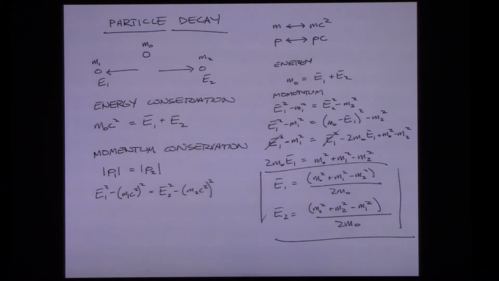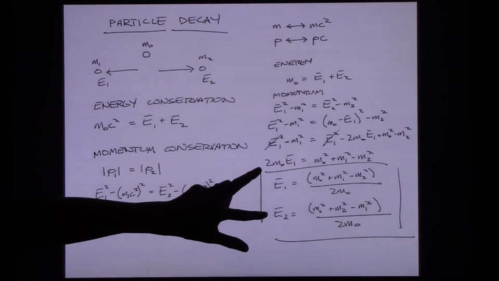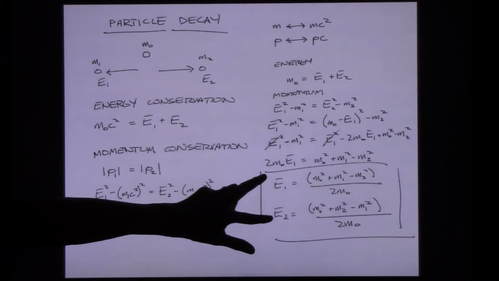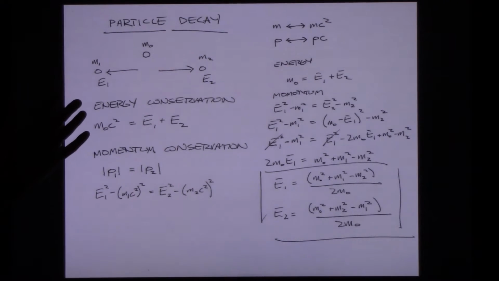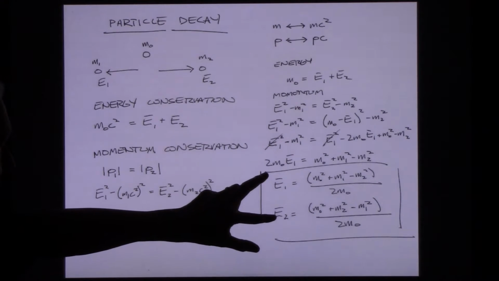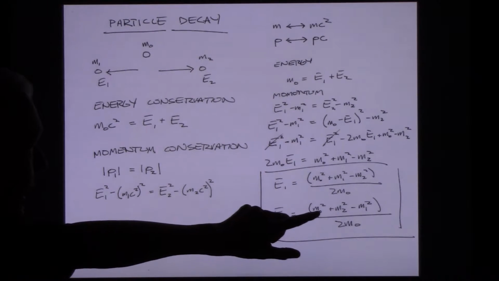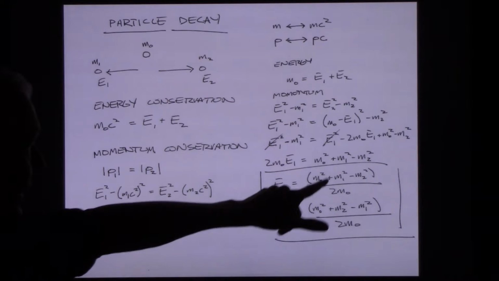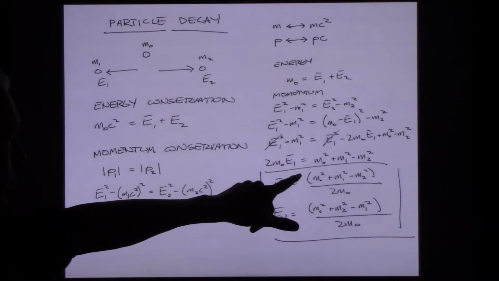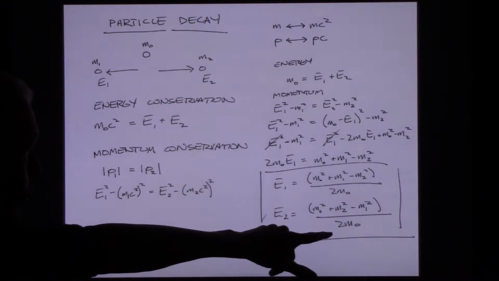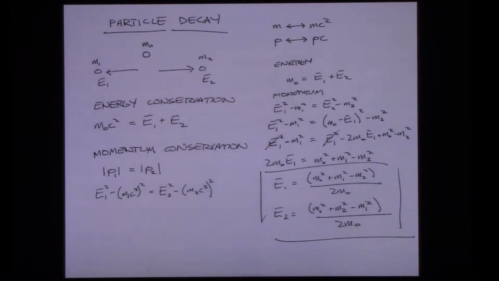Now, as a way to check this, I know that when I add these two energies together, they need to add up to mc squared, or m naught, of the original object. So taking these two and adding them together, the m2 squareds cancel, the m1 squareds cancel, and I'm left with 2 m naught squared over 2m naught, which gives me m naught.